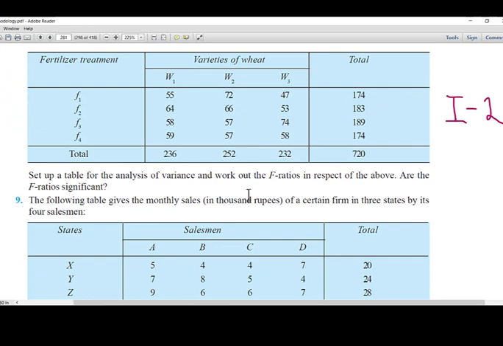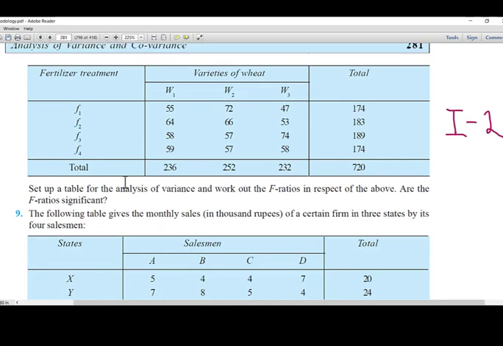Here question is set up a table for the analysis of variance and work out the F ratios in respect of the above. Are the F ratios significant? That will be known only when you calculate these F ratios and compare those F ratios with the tabular values. And here 5% significance level you can take.